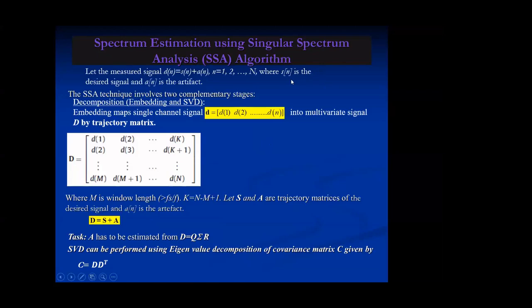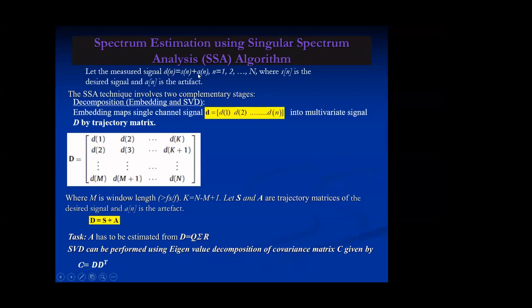So one of the famous spectrum estimation techniques is called singular spectrum analysis, SSA. Here actually we will measure the signal from either an ECG signal or EEG signal. This is a noise corrupted signal or artifact corrupted signal. So this signal consists of the actual signal, this can be either ECG or EEG, plus artifact.